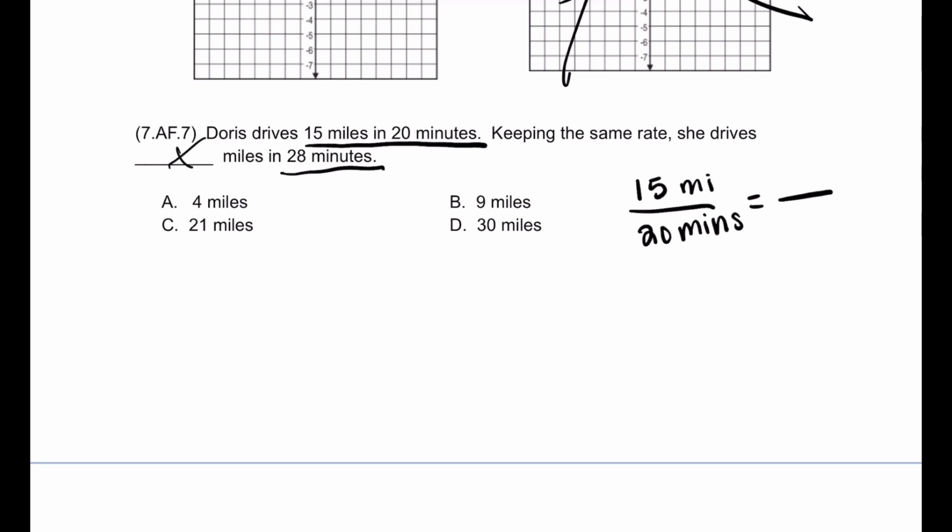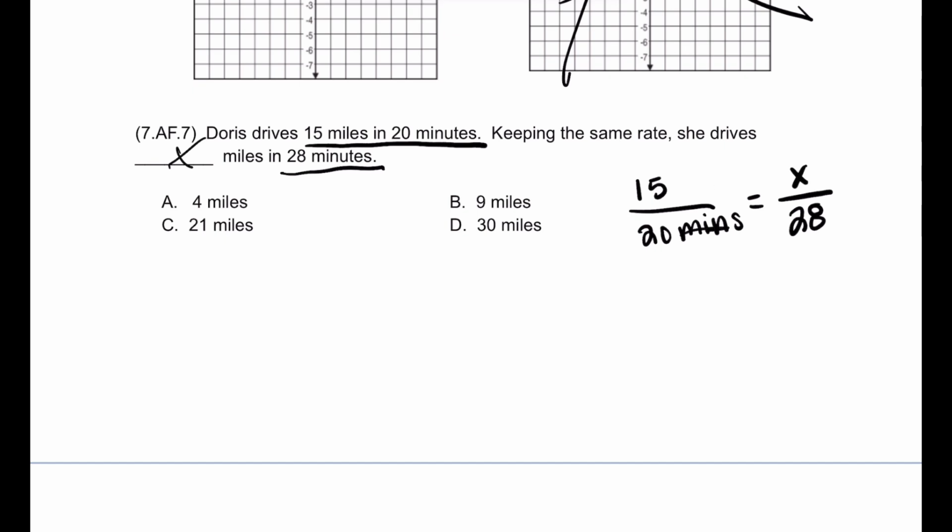I have to be careful where I plug in that 28 because I have to be consistent on both sides. If I look at my first ratio, my minutes are located in the denominator, so I have to make sure that I put 28 minutes at the bottom. I do not know the miles that I would do in 28 minutes, so I put X at the top, okay?